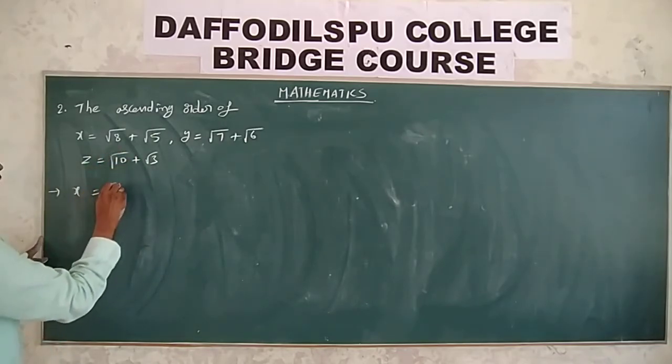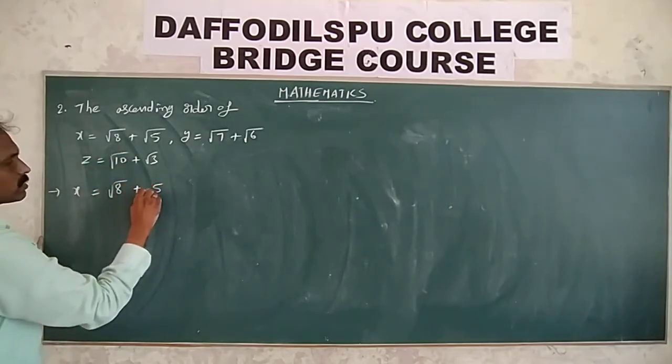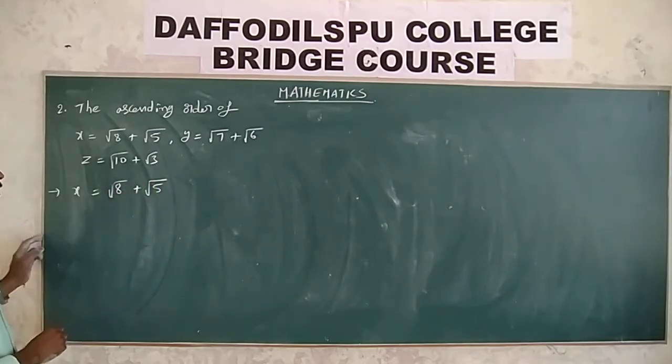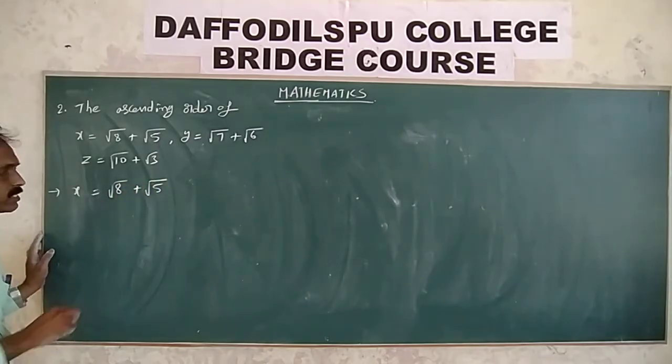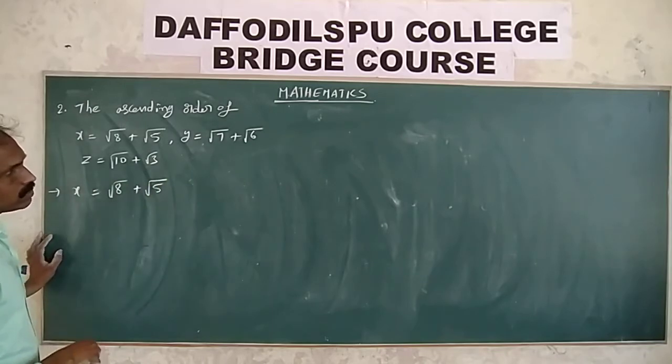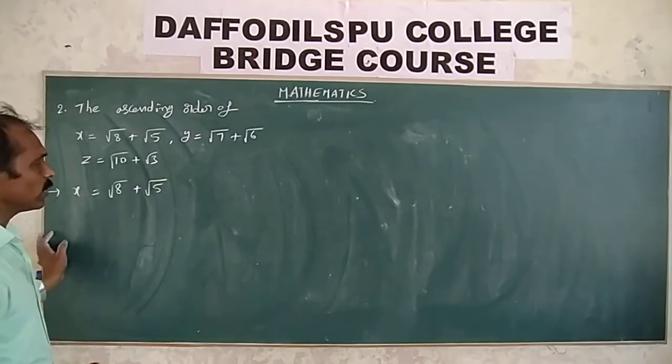First we take this x value, root 8 plus root 5. It is an irrational number. It's not possible to tell which is less value, greatest value, like that.